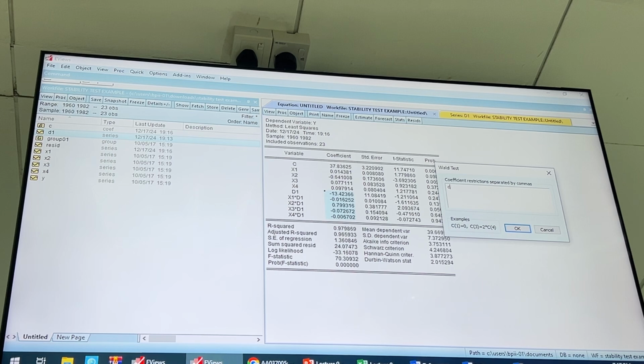Coefficient numbers 6 to 10, so all equal to 0. Coefficients 6, 7, 8, 9, 10 all equal to 0. That represents the additional part of the intercept as well as the additional part of the slope coefficient for all independent variables x1, x2, x3, x4.